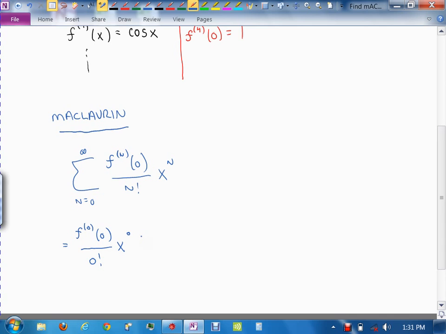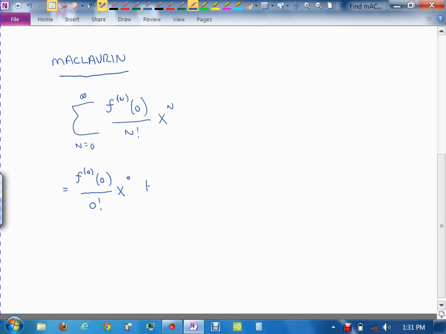All I'm doing is replacing all my n's with 0 first. Plus, now the first derivative of the function at 0 all over 1 factorial x to the 1, plus the second derivative of f at 0 over 2 factorial x to the second, right?